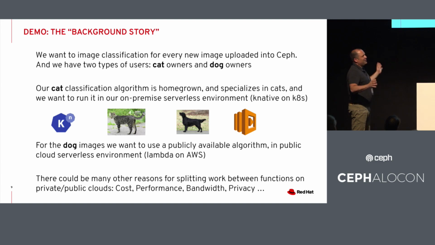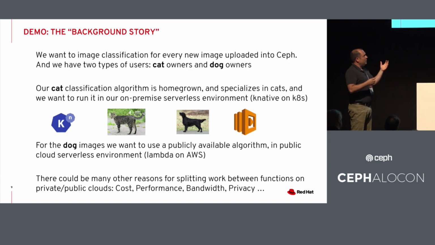And for some reason, we have our own excellent cat classification algorithm that we built in-house. We don't want to put that in the cloud. It's very proprietary, very special for us, and we trust it. For the dog owners, we don't mind that Google Vision or AWS Rekognition or who knows what is going to classify our dogs, because it's, I don't know, less important or there are no privacy issues or whatever.